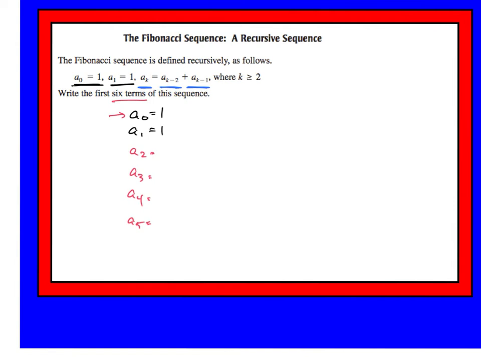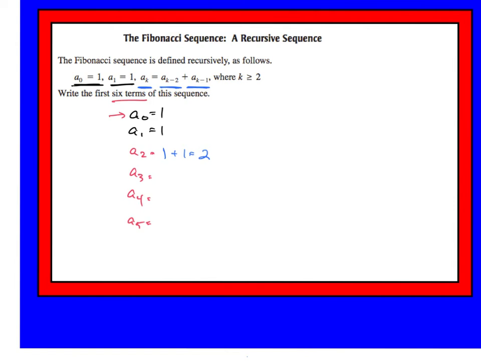So now if I have a sub 2, that's equal to a sub 2 minus 2, which is a sub 0. Well, what is a sub 0? 1. So I really end up having 1. And then this one, I'd end up with 2 minus 1, which is a sub 1, right? And what is a sub 1? 1 again. So I'd have 1 plus 1, which is 2. All right, I'm just following the little rule.